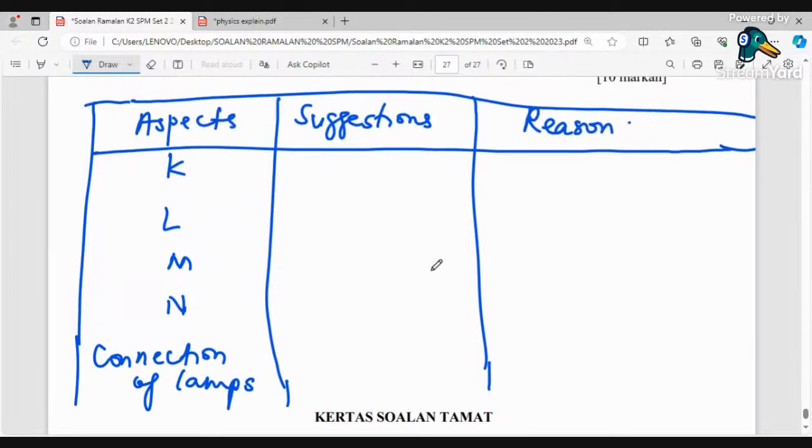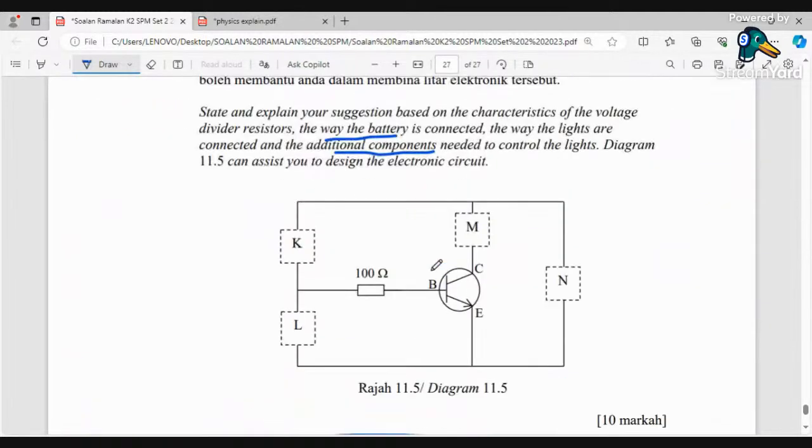Okay, untuk K, L dengan M. Tengok K. K ni mesti apa? K dengan L must be potential divider. Okay, kita guna NPN transistor. Okay, NPN transistor. And then M ini mestilah the buzzer.